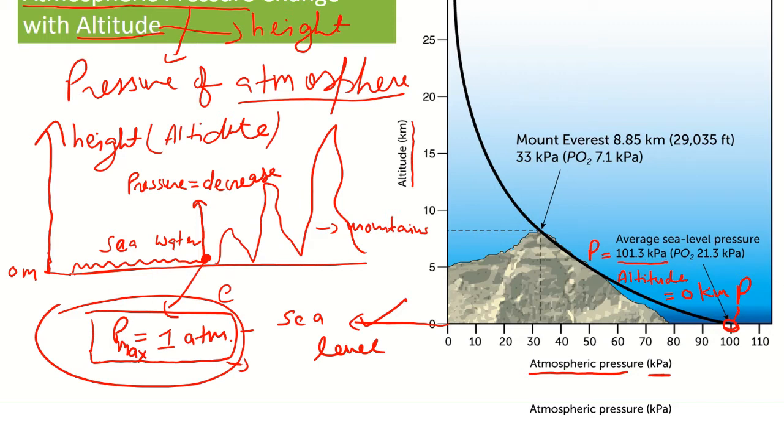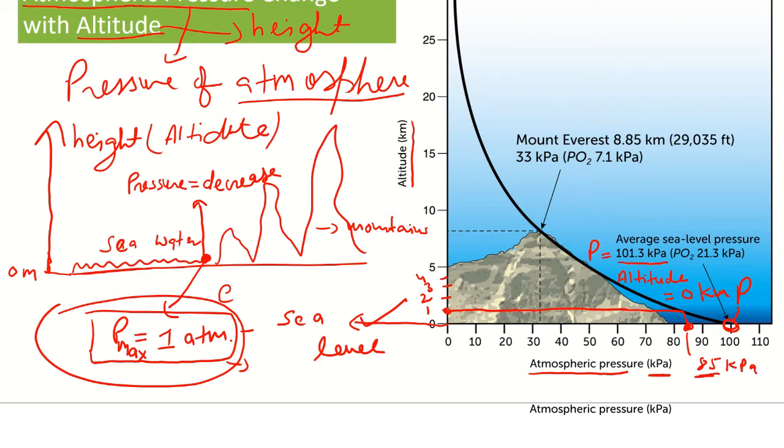Now see, this is 1 kilometer, this is 2 kilometer, this is 3 kilometer, this is 4 kilometer, this is 5 kilometer. As we are going up, if we are going 1 kilometer above, the pressure value is coming approximately 85 kilopascal. So the pressure is decreasing.